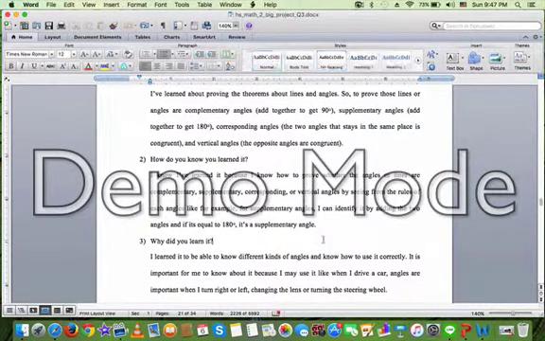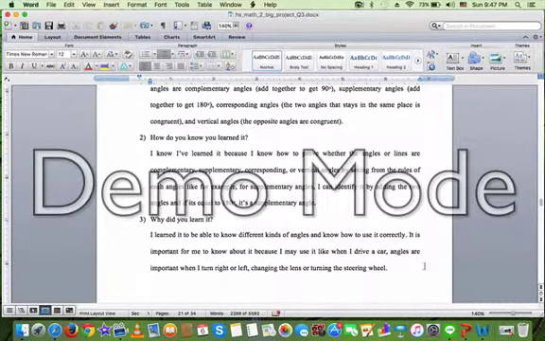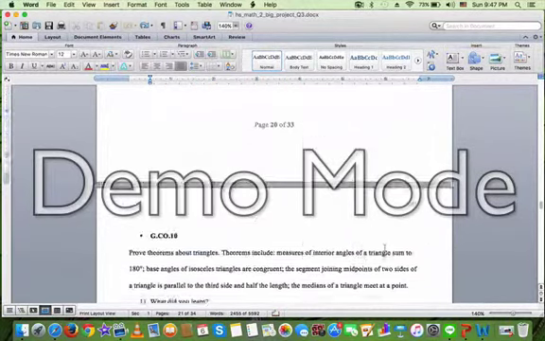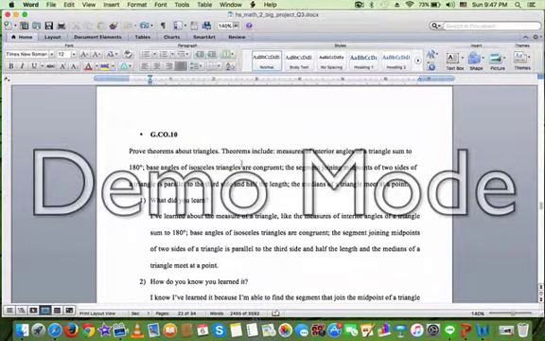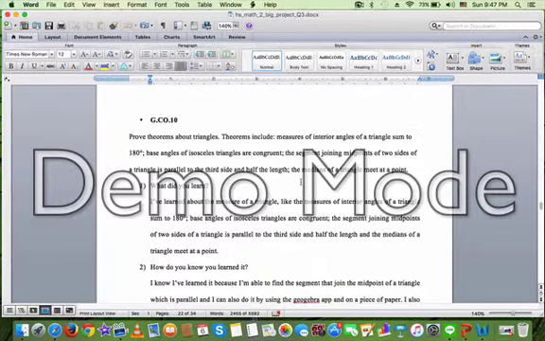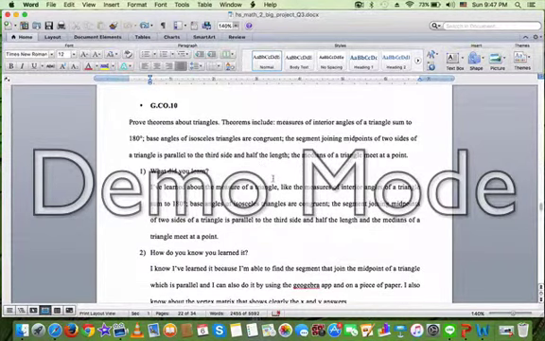And I know that I learned it because I know how to prove whether the angles are complementary, supplementary, I can identify it. And we can also use it in real life, for example when we drive a car we can measure the angle that we will turn the steering wheel.